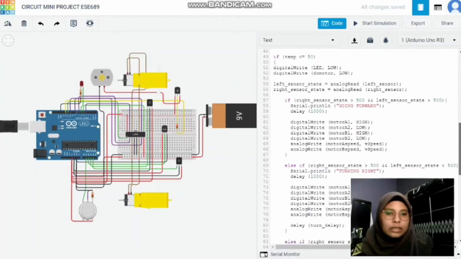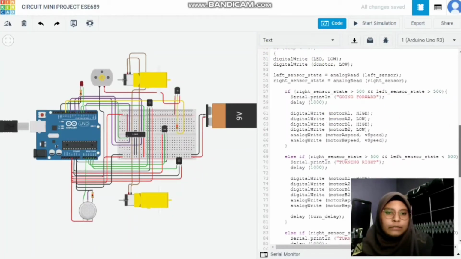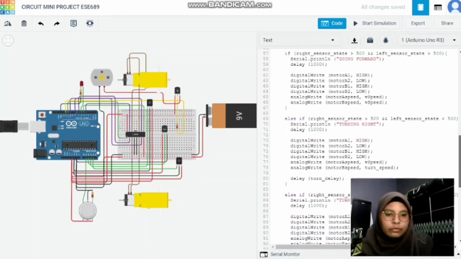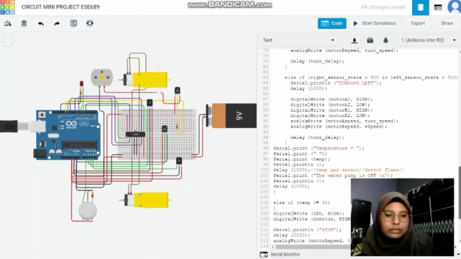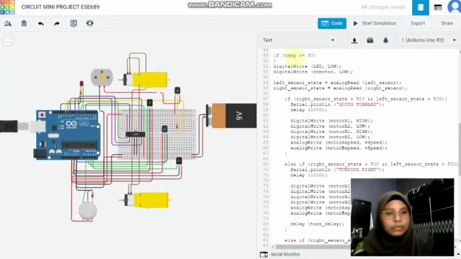At line 49, this is an if-else statement, from 49 to 106. If the temperature is lower than or equal to 50, the LED will be low, which means the LED will be turned off, and the DC motor will be low, which means the DC motor will not function.